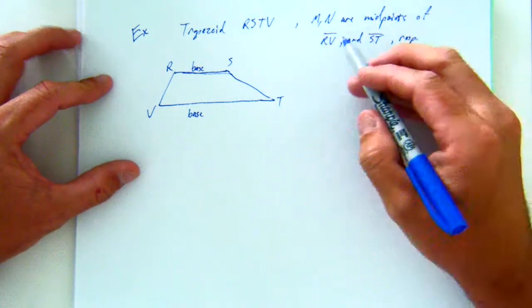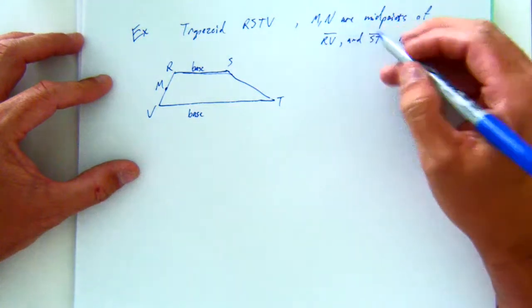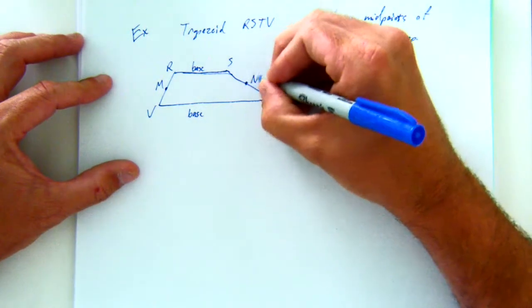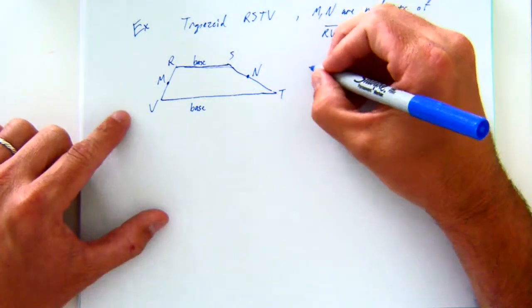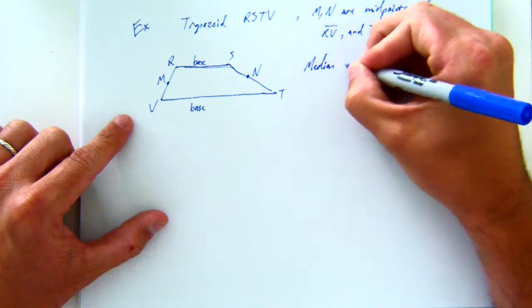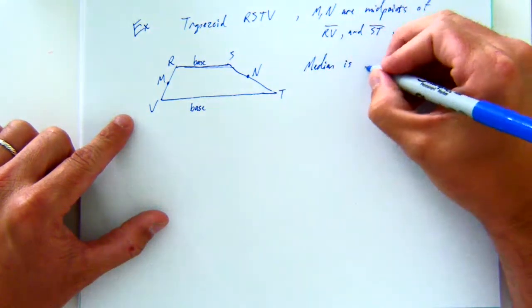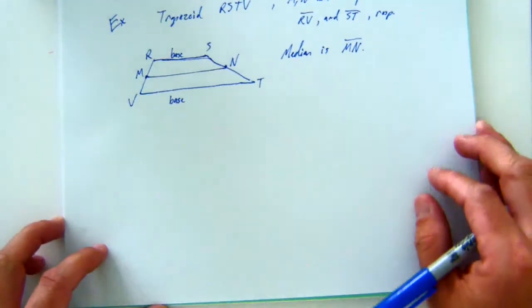So M is the midpoint of RV, so there's my M. N is the midpoint of ST, so there's my N. These are midpoints. So we have the median is the line segment MN. So if I draw that line segment there.